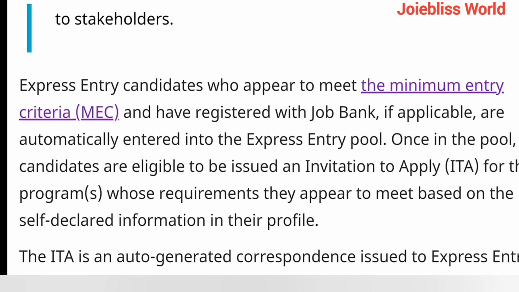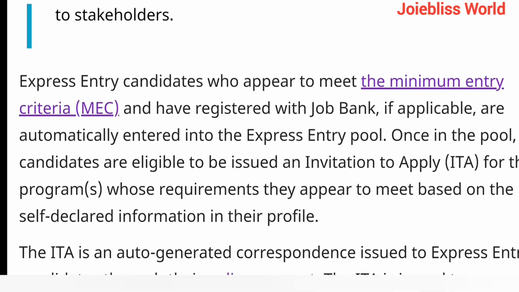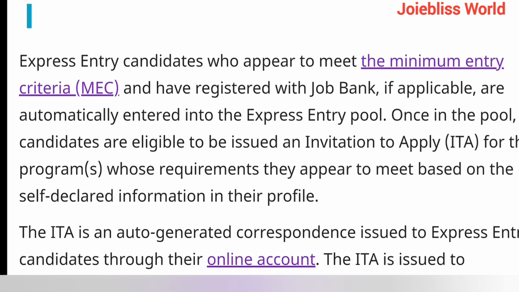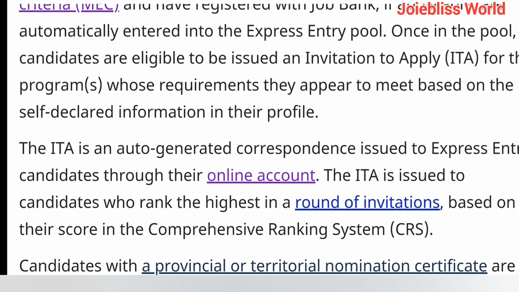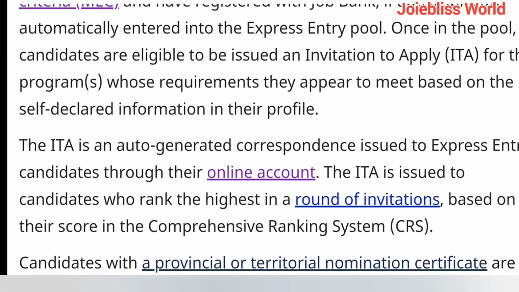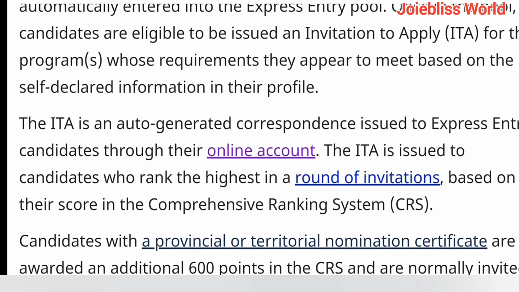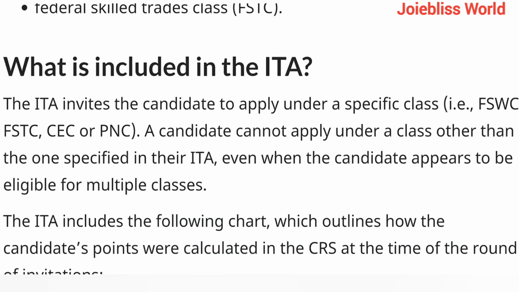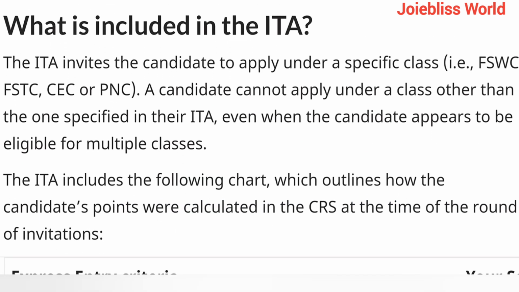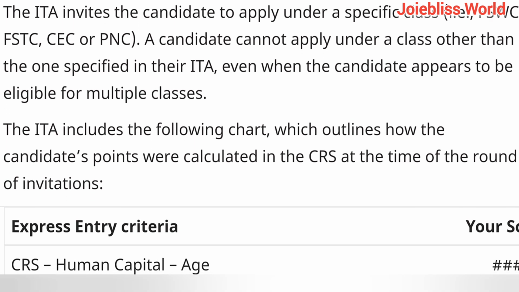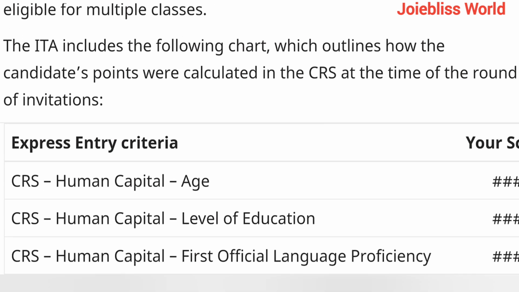EE candidates who appear to meet the minimum entry criteria and have registered with Job Bank, if applicable, are automatically entered into the express entry pool. Once in the pool, candidates are eligible to be issued an invitation to apply. So now, what is included in the ITA? The ITA invites the candidate to apply under a specific class. We have established that already.